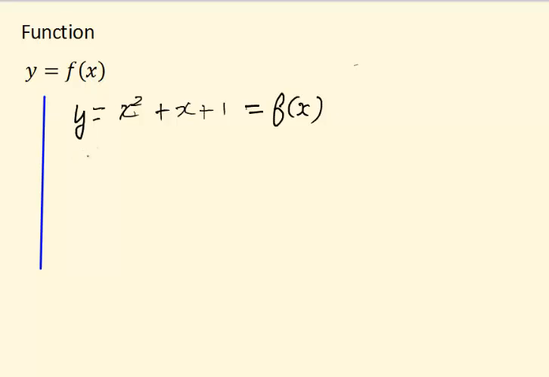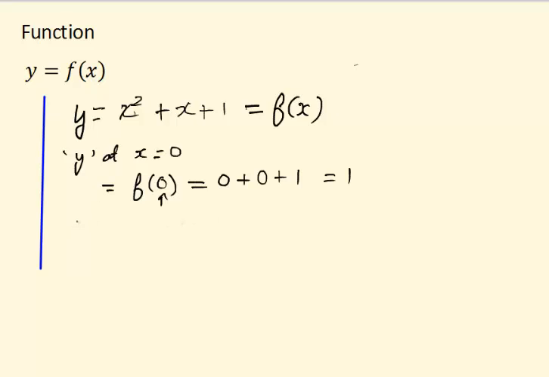If somebody asks you what is the value of y at x is equal to 0, then you can simply say that will be equal to f of 0, or the value of the function at x equal to 0. Then we can substitute 0 for x in this relation, and we'll get 0 plus 0 plus 1, or simply 1.